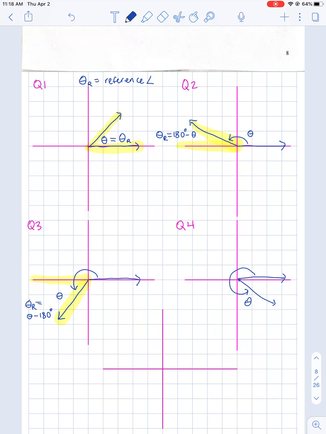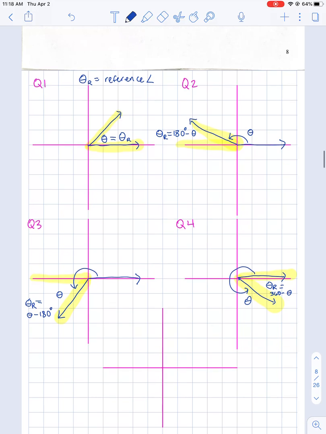And lastly, in quadrant 4, we have the reference angle being formed by the terminal side and the x-axis closest to the terminal side. We have an angle that is greater than 270 but less than 360. So to find the measure of my reference angle here, I would take 360 minus my angle.